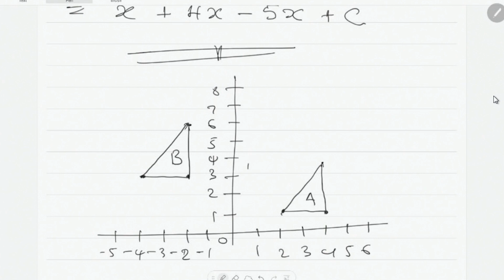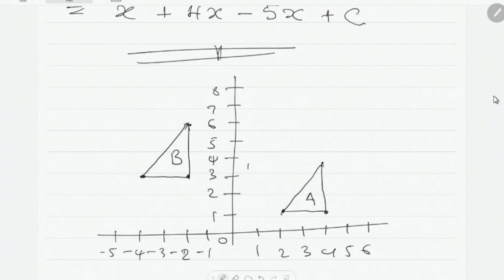In similarities, that is where we have enlargement. So with enlargement, the shape will be maintained, but it will either be magnified, it will grow, become big, or it will become small. And then we have isometries where the shape is maintained and also the size is maintained. Examples of transformations under isometry are rotation, translation, and reflection.